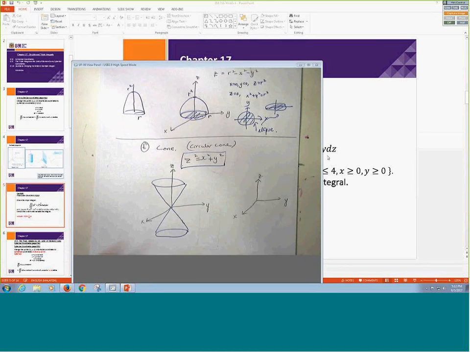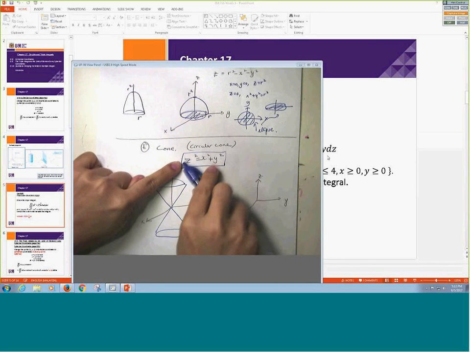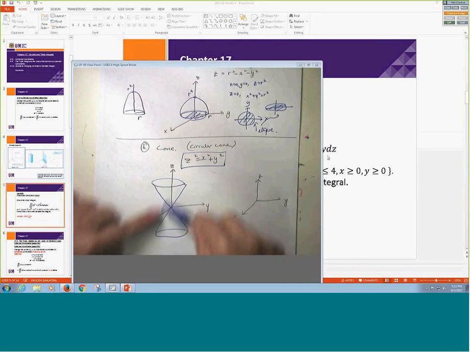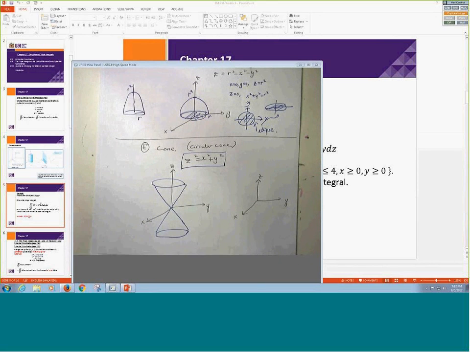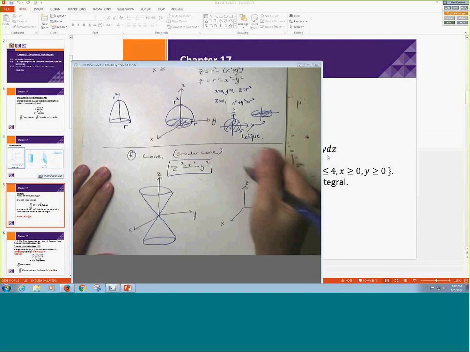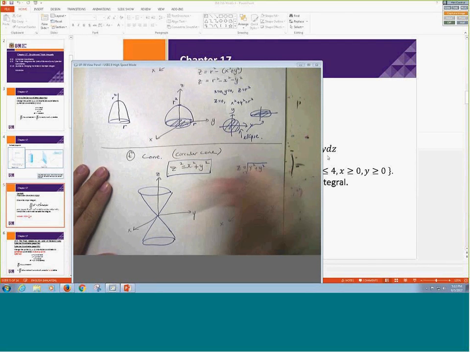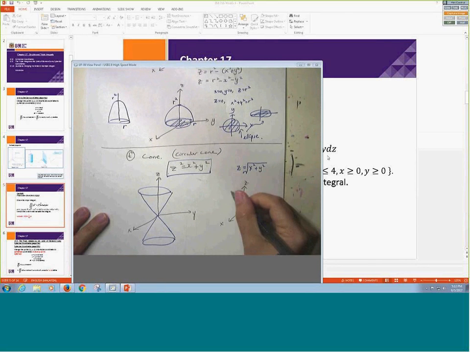If you want only the positive, the upper part, normally we will write it in this form. This is the half cone that represents this one.